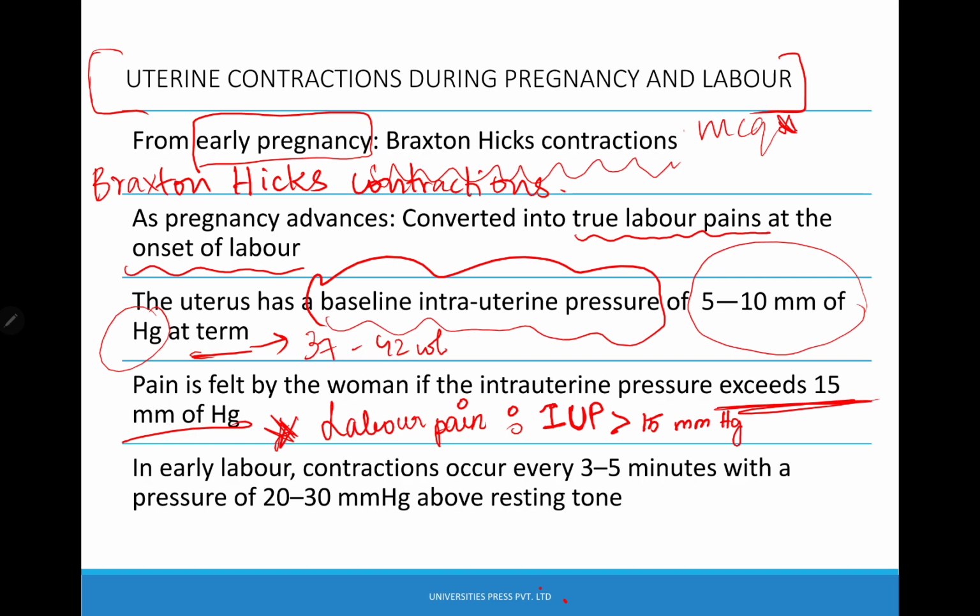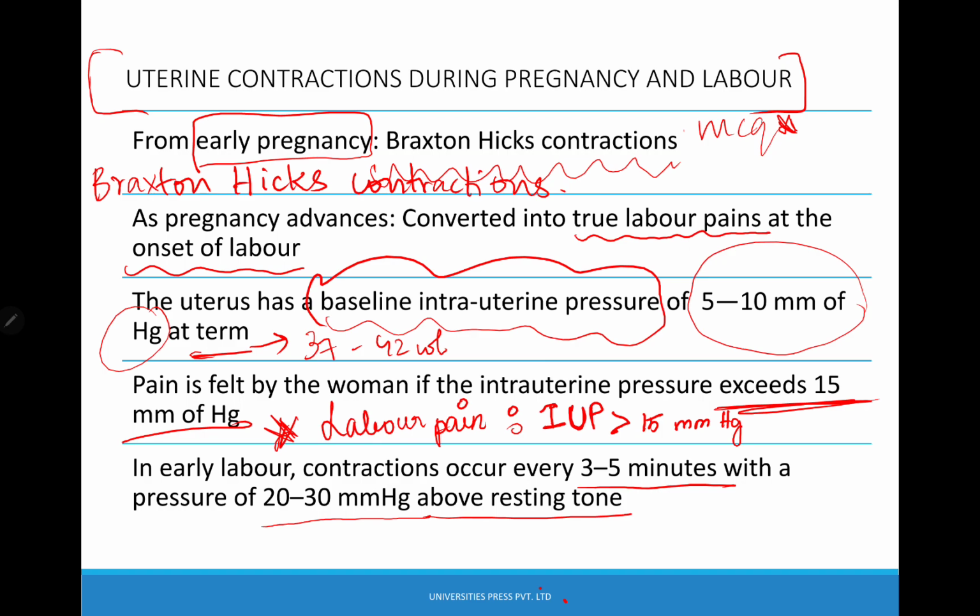In early labor, the contractions occur every 3 to 5 minutes with a pressure of 20 to 30 mm Hg above the resting tone. So uterine contractions during pregnancy and labor, there are 4 important MCQs. In early pregnancy, the contraction is known as Braxton Hicks contraction, and as the pregnancy advances, true labor pains start.